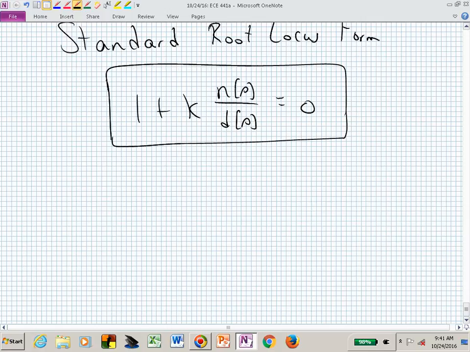And now, if we want to know what values of s cause this equation to be valid, we probably need to get a common denominator. The common denominator is d of s, so that we end up with the following relationship between d and n, just like we had before. So this leads to the following.